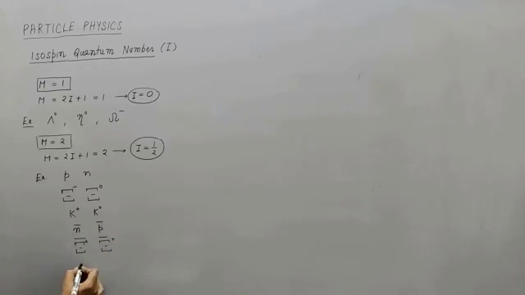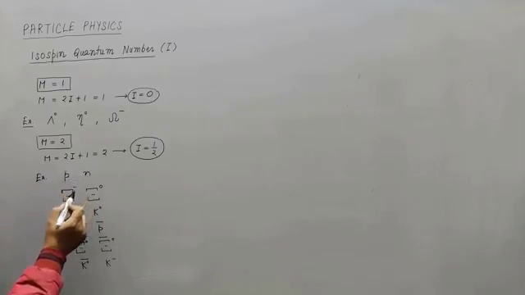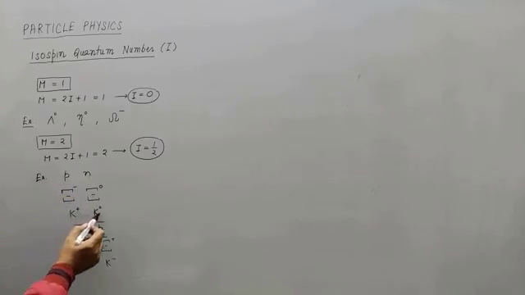Similarly K naught bar and K minus. So basically these are different examples for which m is equal to 2, because these are two charge states. Here we have given 6 examples of two charge states where the total number of states is 2.